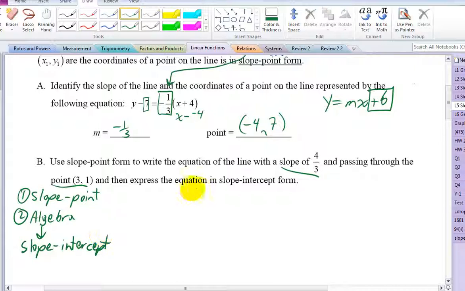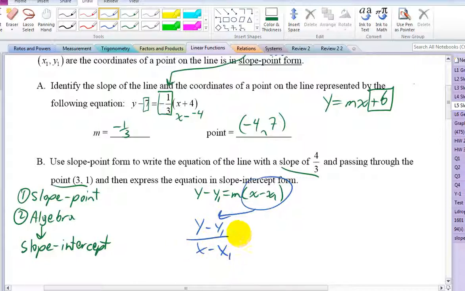So let's start. y minus y1 equals m times (x minus x1). Do you guys know where this came from? Have you seen this before somewhere? What if we, no, just don't write this down, but what if we move this to the other side? (y minus y1) over (x minus x1) equals m.